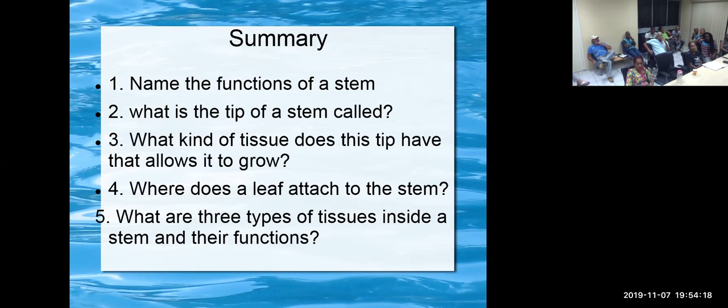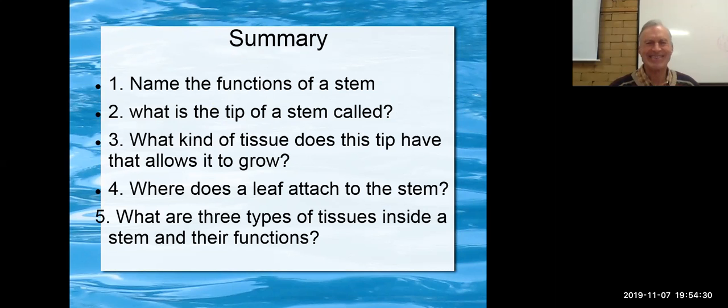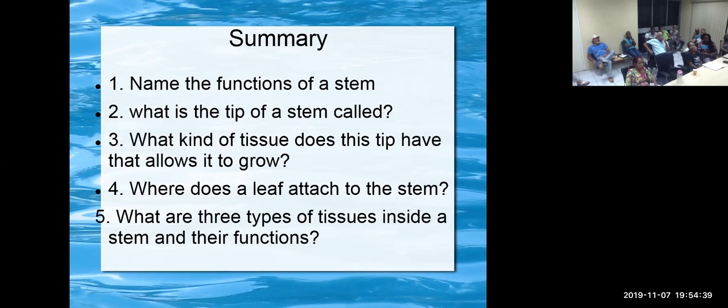Come on, you know it. There it is. Apical meristem. There's a terminal bud, and inside the terminal bud is the apical meristem. So terminal bud and apical meristem, or just terminal. Both of those would be okay. Good.